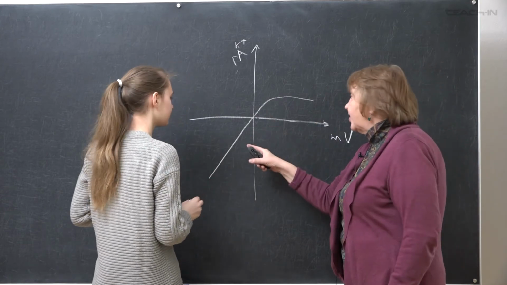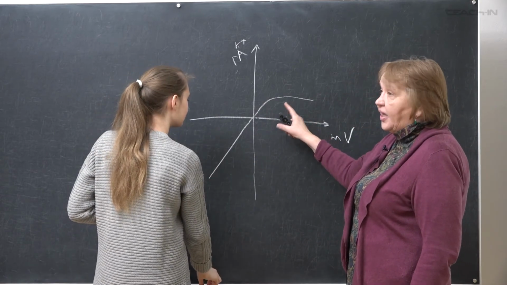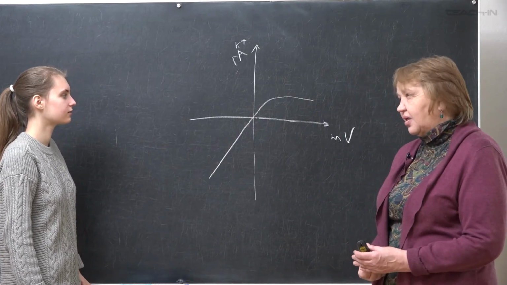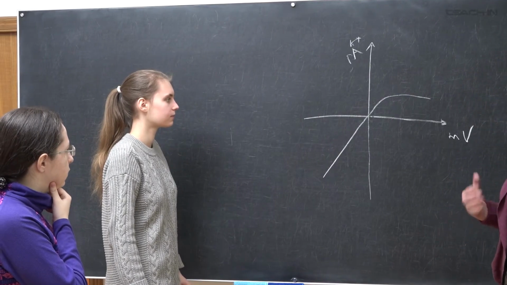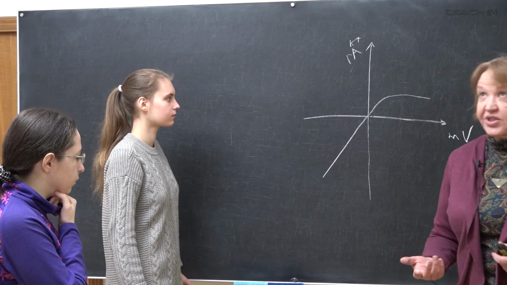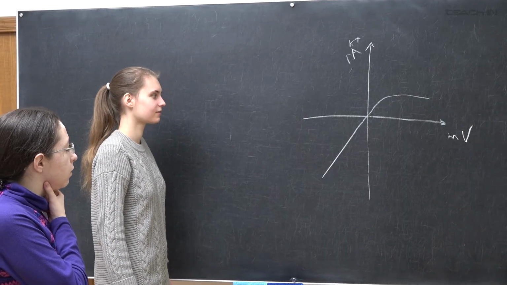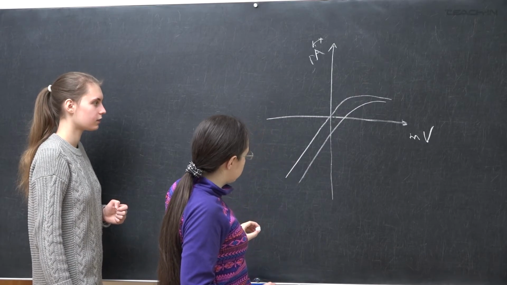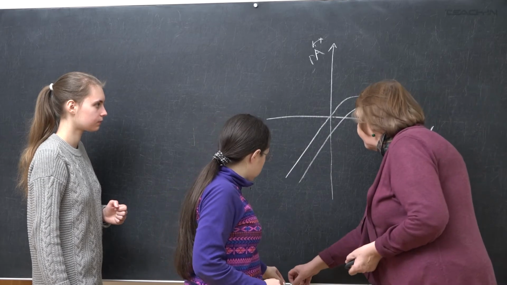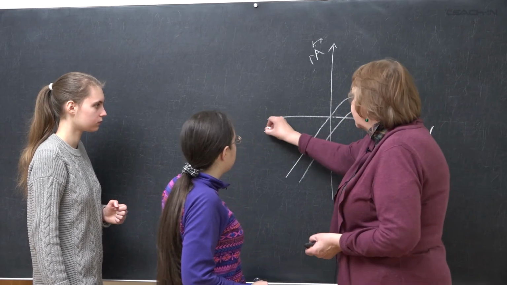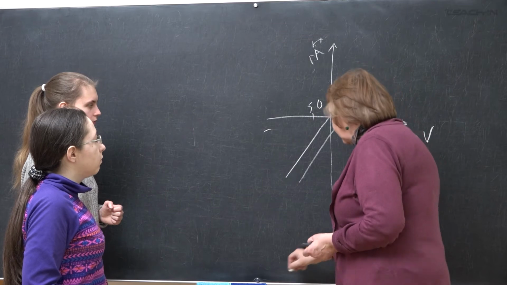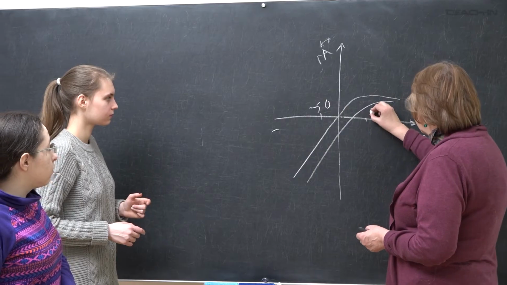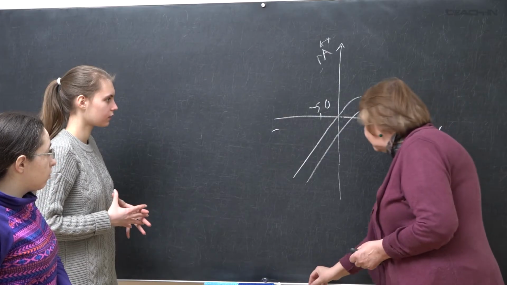So, Alex, what happens with this curve if concentration outside is higher than inside? Concentration of potassium is much higher outside than inside. Let me see. Something like this. Do you agree? So we have plus here, minus here, so like 50, it doesn't matter. Do you agree?